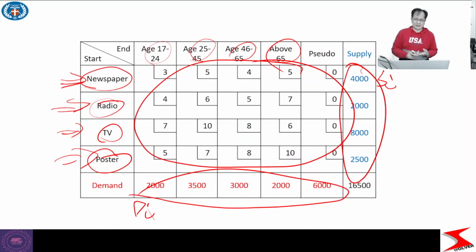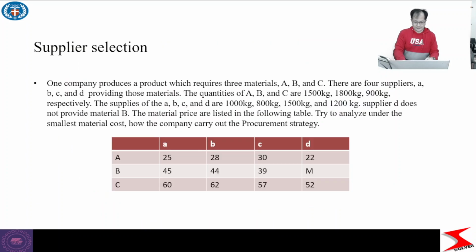FB, Facebook, or you can use others like TikTok, maybe, I don't know. Okay, so with this kind of advertisement, you can also have some target populations in different ages. So you can modify it a little bit and it becomes a new advertisement problem. So this is also an idea for your class project at the end of this semester. Okay.